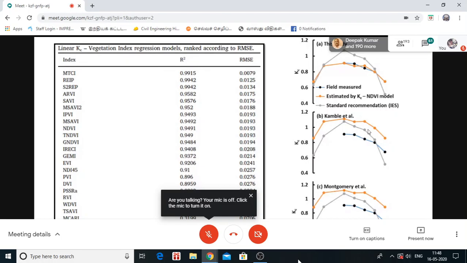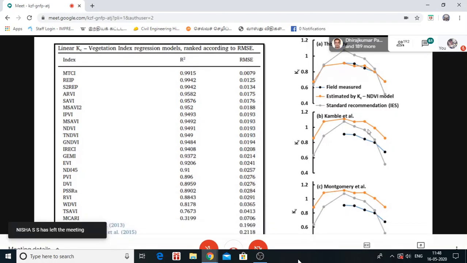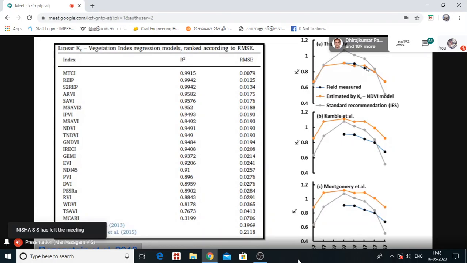So the two important conclusions from this analysis are: instead of field measured values, we can go for our remote sensing based irrigation as a proxy method, and the standard irrigation procedures or global models developed in different regions tend to give excess irrigation quantification.